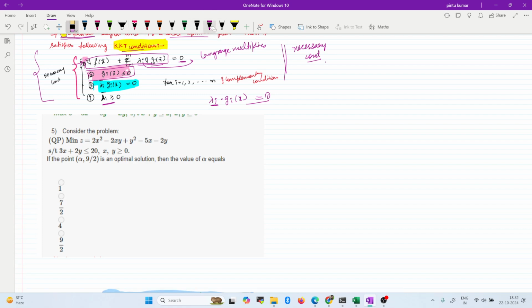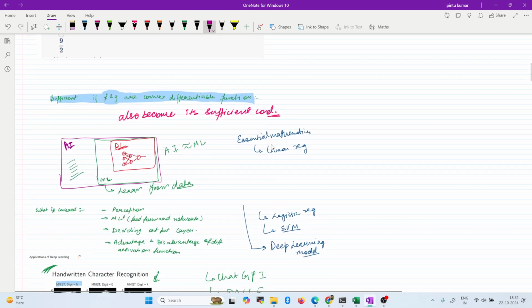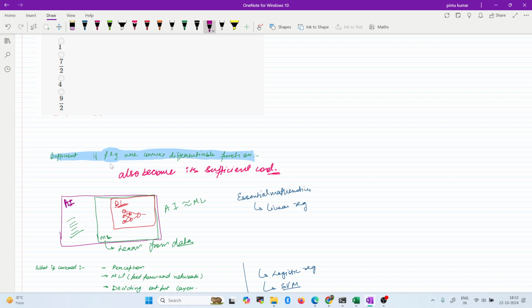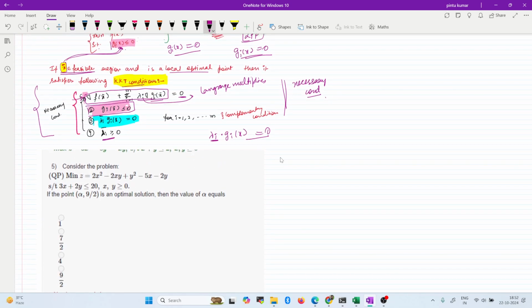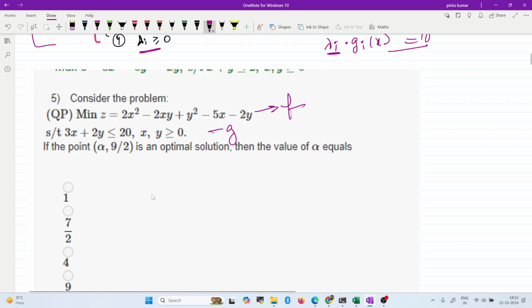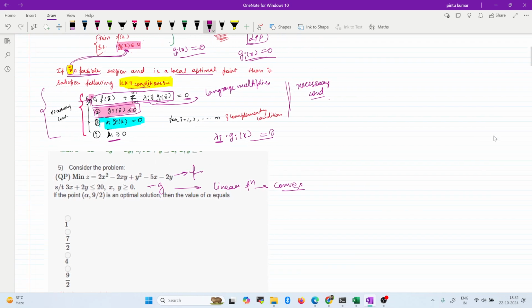Now just a small thing to check. We mentioned that this is a sufficient condition only if f and g are convex differentiable functions. Now this is your f, this is your g, right? Your g is actually a linear function, and all linear functions are convex in nature, so nothing needs to be checked there.